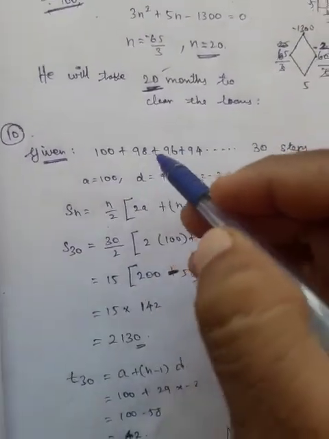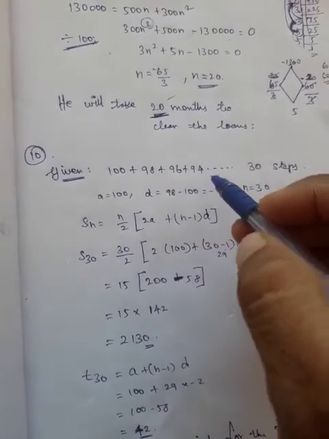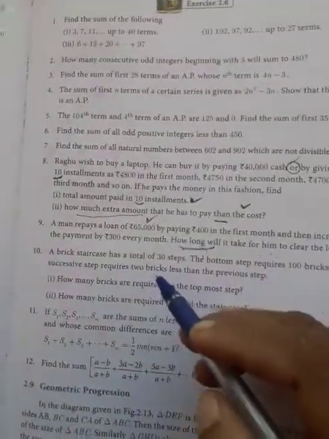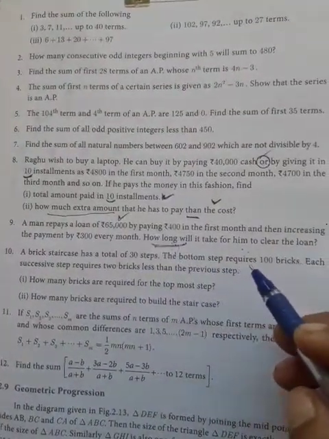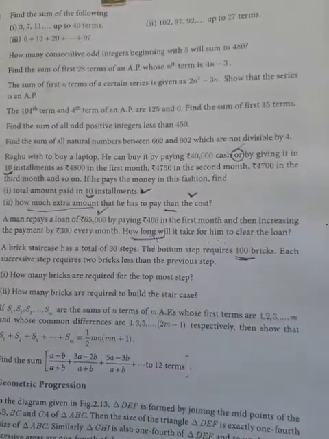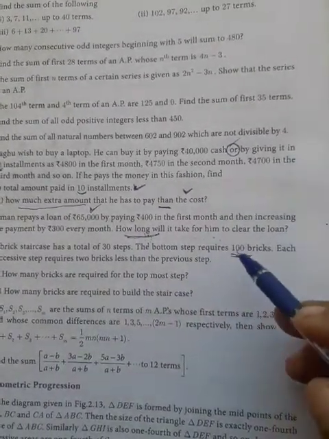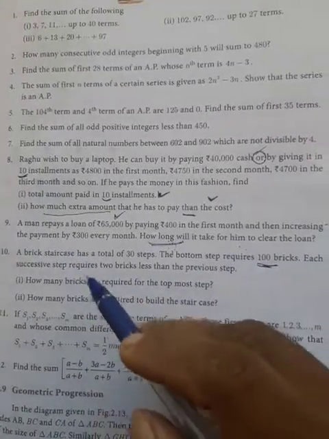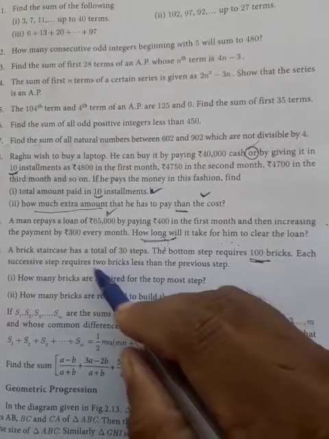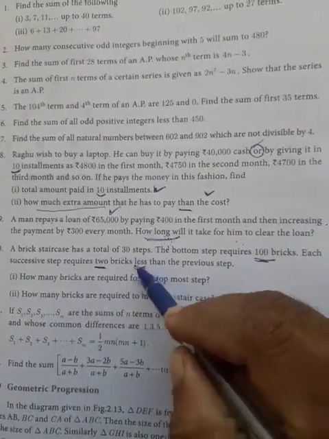So come to the solution. 100 plus 98 plus 96 plus 94, etc., 30 steps. Read the question carefully. The bottom step requires 100 bricks, so the starting number is 100. Each successive step requires 2 bricks less than the previous one.